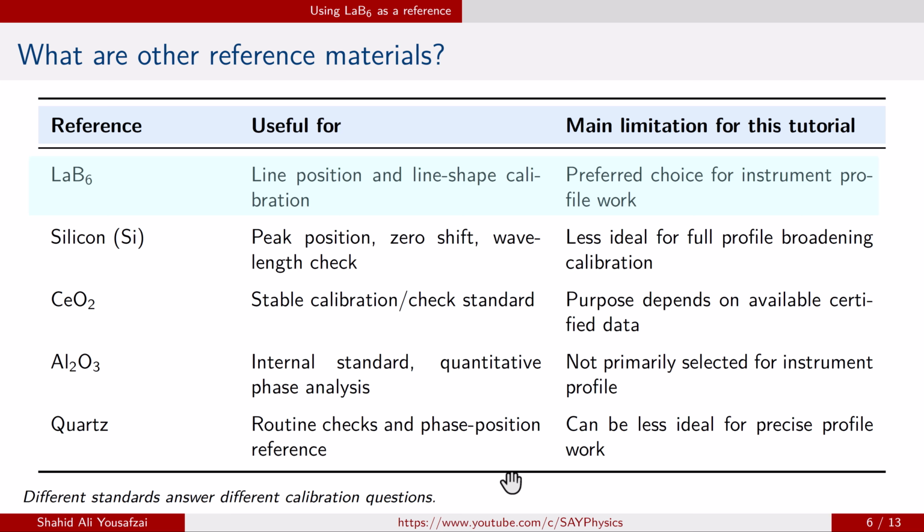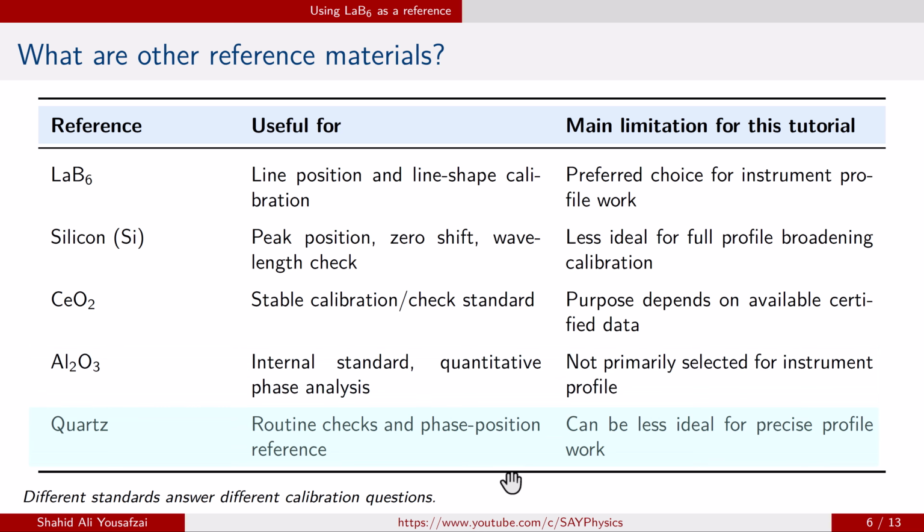LaB6 is not the only standard used in powder diffraction. Different reference materials answer different calibration questions. Silicon is very useful for checking peak positions, zero shift, and wavelength accuracy. Cerium oxide can be used as a stable calibration and performance check standard. Alumina is commonly used as an internal standard, especially in quantitative phase analysis.